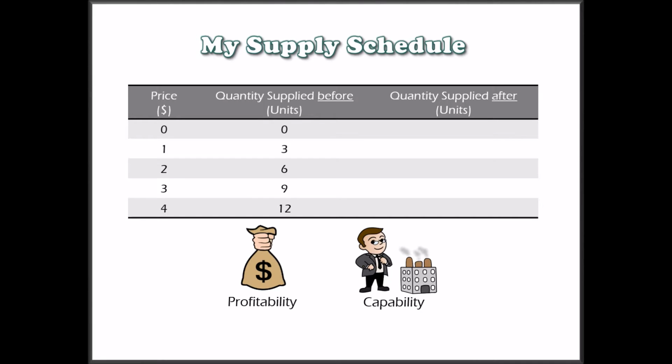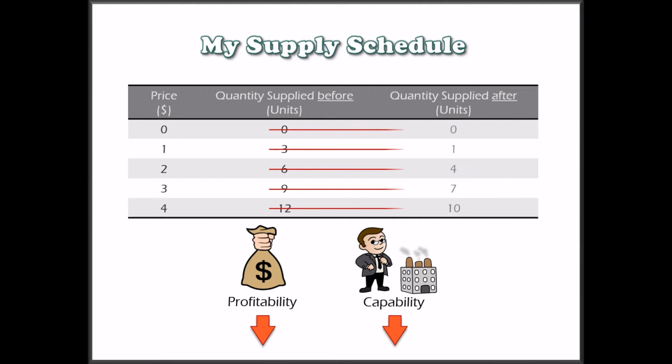If an economic event were to reduce the profitability I receive from selling a product or reduce my capability to produce it, I may now have the following schedule. Keep in mind that my quantity supplied has changed for all the prices shown here, except for $0, because quantity supplied cannot be negative. This is known as a decrease in supply.